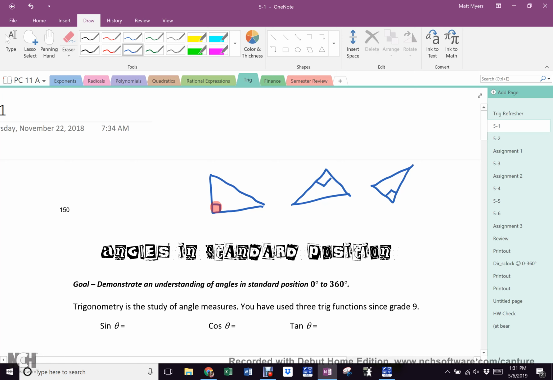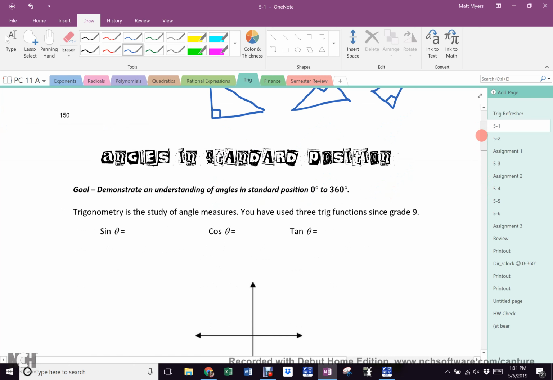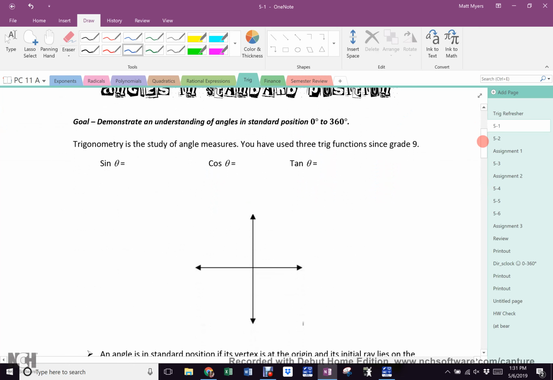Now, you're intelligent young people. You have all done trig in this quadrant of the Cartesian plane, yes? Always, no matter what. There was a 90, there's a theta.